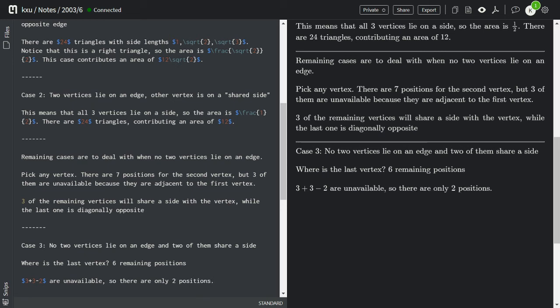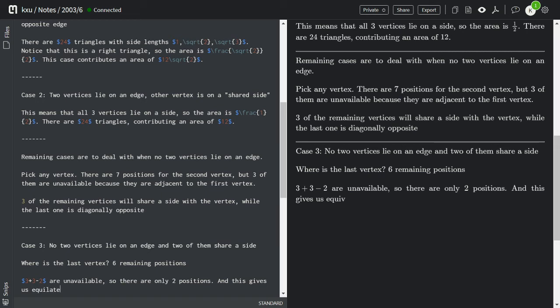And where are these 2 positions? Well, they form a nice sort of symmetry with the other 2. And this gives us, it's really easy to see this if you draw a diagram. So yeah, hint hint.